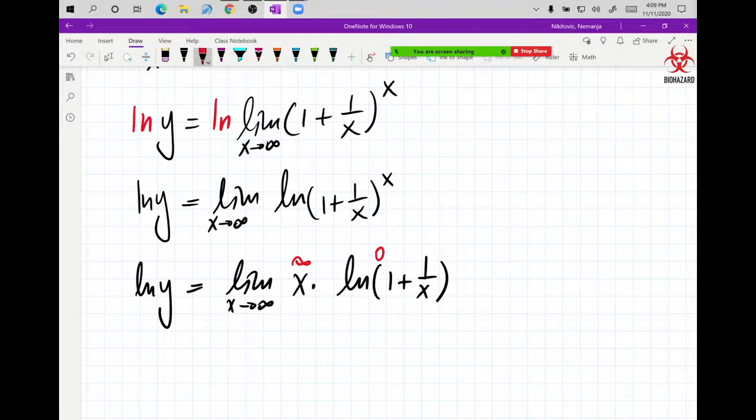And we know when we have infinity times 0, we have to use f equals 1 over 1 over f. That's what we learned as a necessary step in solving these problems.